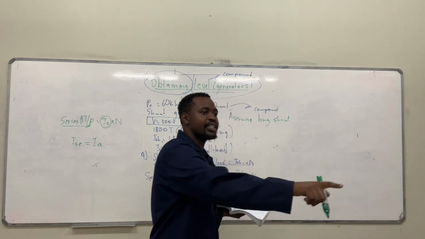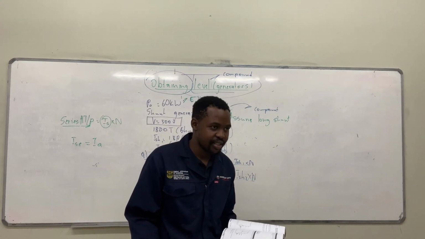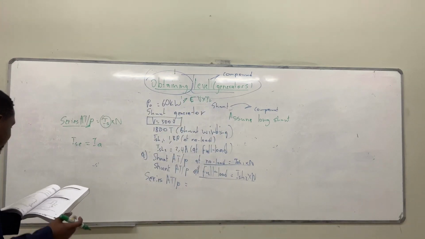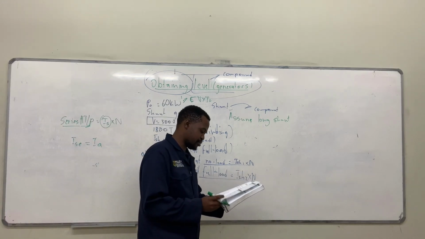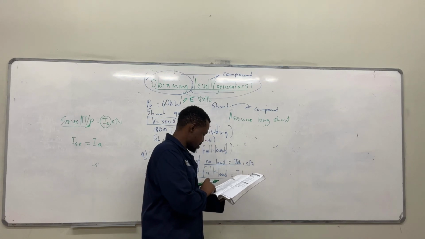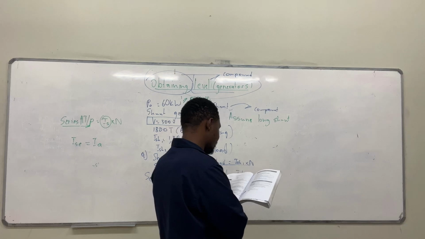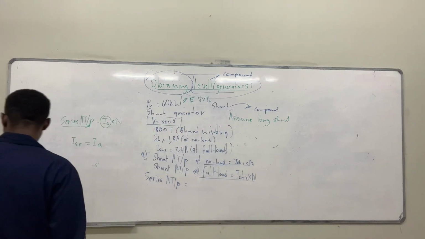But if it was a short shunt, isn't that going to be a different case? It was going to be a different case. So we talk about the short shunt because the long shunt is very simple. I didn't want a long shunt, but in case it might come in the question paper. Okay, so short shunt.